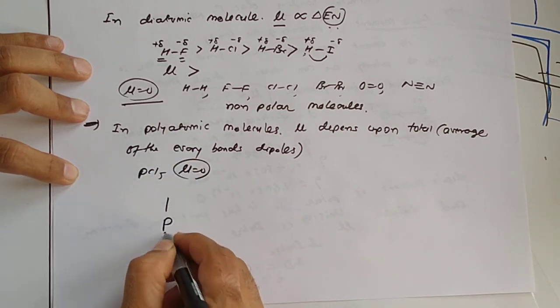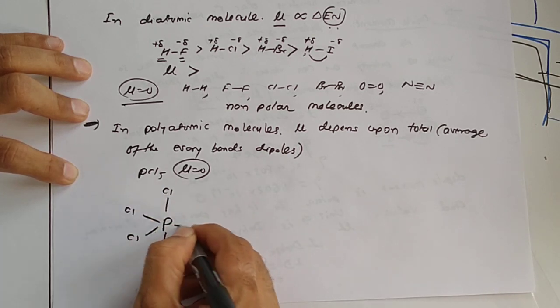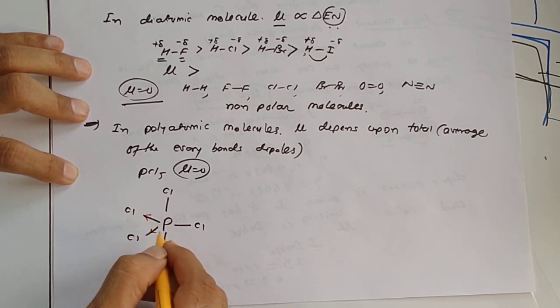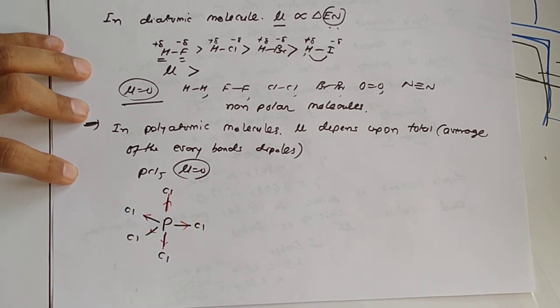Now in PCl5 mu is 0. Why? We discussed in PCl5 there are 5 chlorines. 3 are lying on the same plane, 2 are perpendicular.